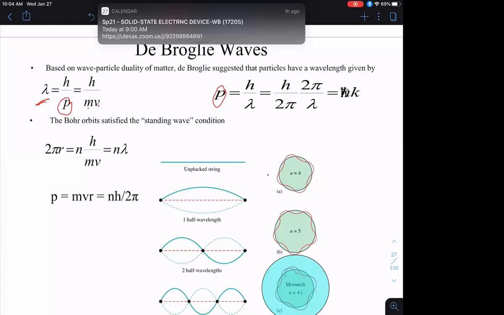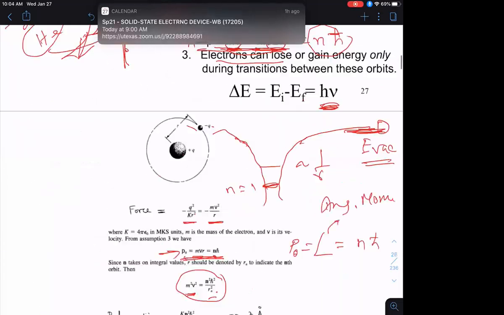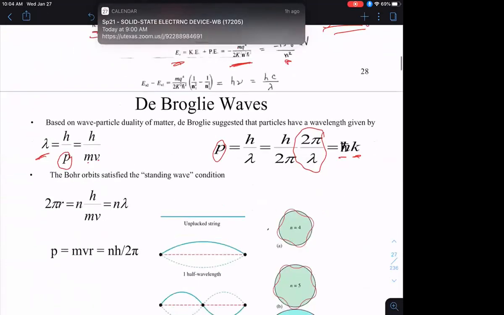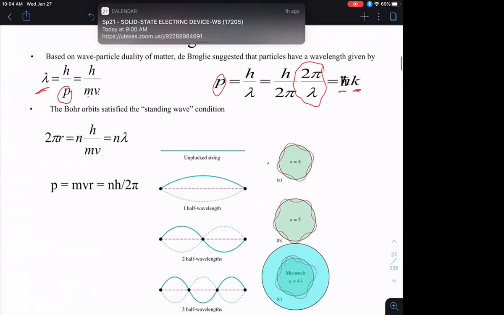H over 2 pi is what I call h bar, and 2 pi over lambda, the wavelength, is known as a wave vector k, which is what I had introduced at the beginning of the lectures today. Okay, in terms of, so that's the Fourier transform conjugate of the spatial variable, just for future reference.